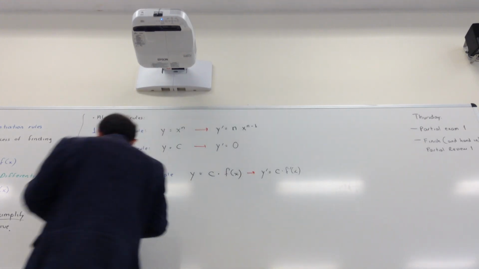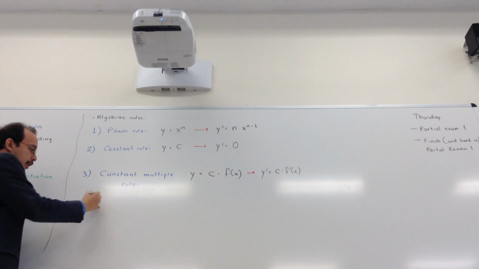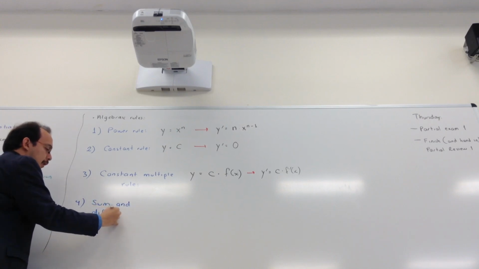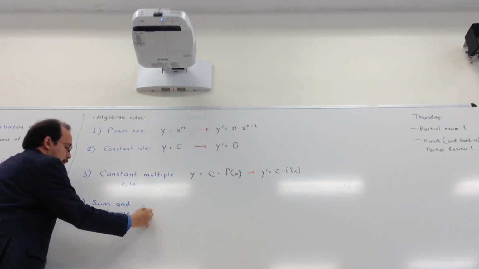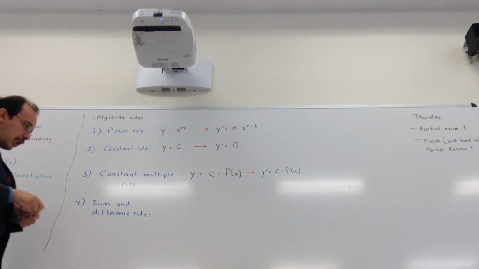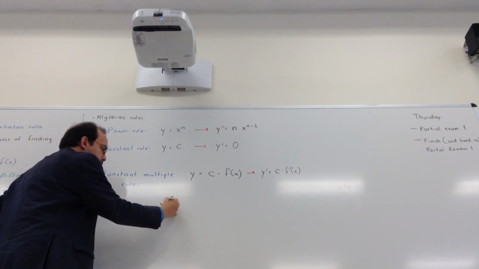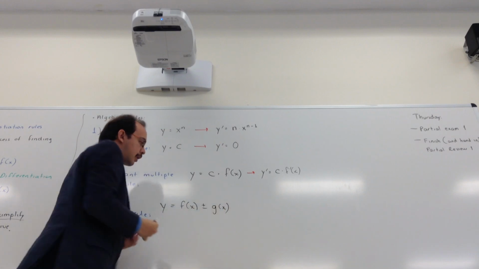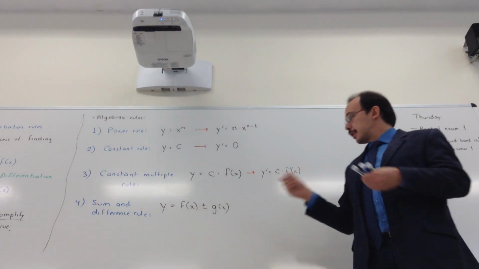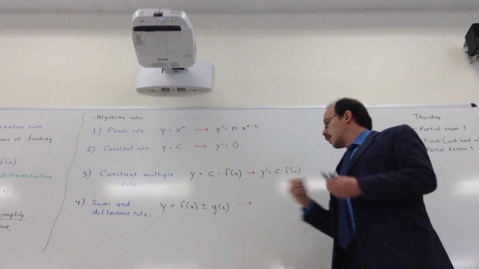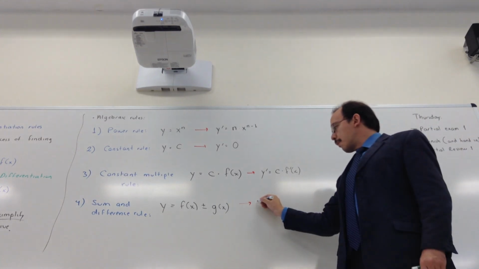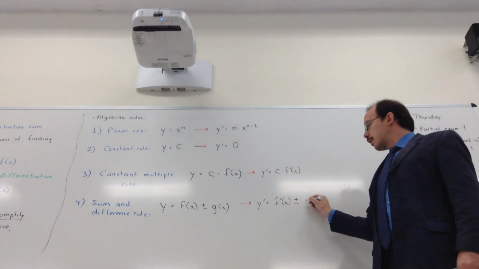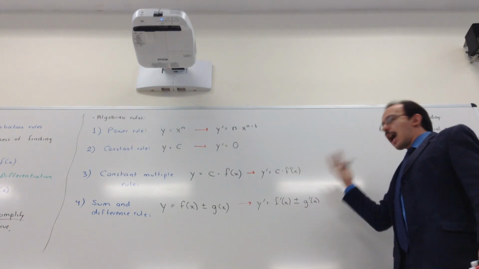And the last one for today is called the sum and difference rule. In this situation, if you have a function that is composed of an addition or subtraction of functions, the derivative is going to be y prime equal to the derivative of the first function plus or minus the derivative of the second function, and so on.